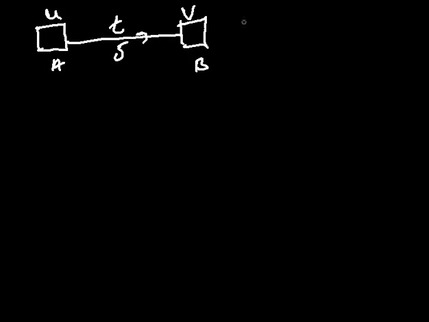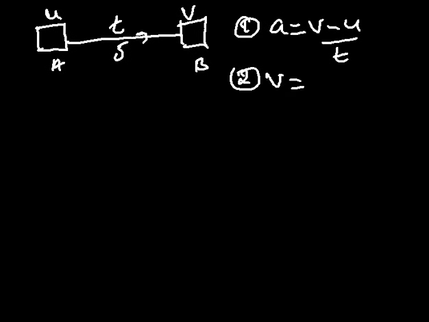Now the equations are such that we have the first equation, which is given as acceleration is equal to v minus u over t. And we have another equation for the average velocity or average speed, which is initial velocity plus final velocity divided by 2.